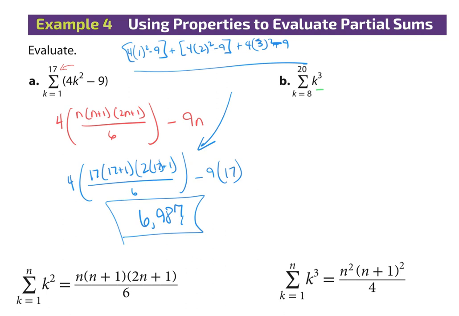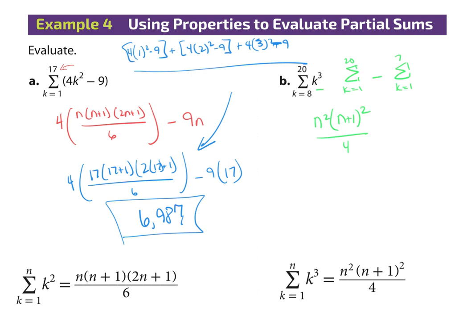So when I replace this guy with n squared times (n plus 1) squared over 4, that's actually the summation from 1 to 20. What do I not need? I don't need 1 to 7. So I have to subtract the summation from 1 to 7.